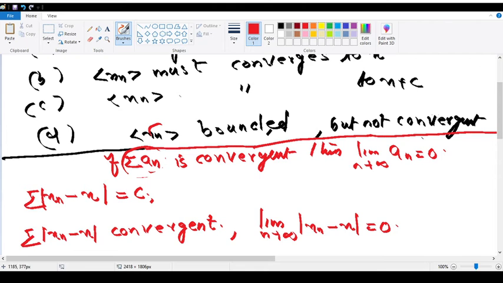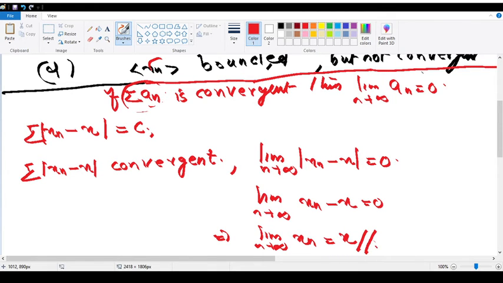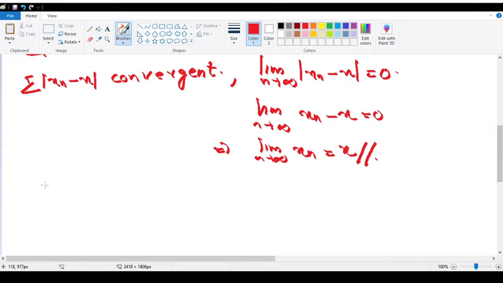Okay? Clear? Yes, ma'am. Obviously, we can write limit n tends to infinity xn minus x equal to 0. This implies limit n tends to infinity xn equal to x. So our sequence is convergent and converges to x, isn't it?